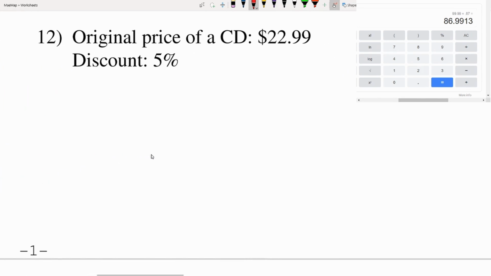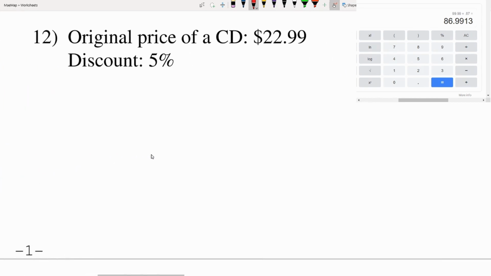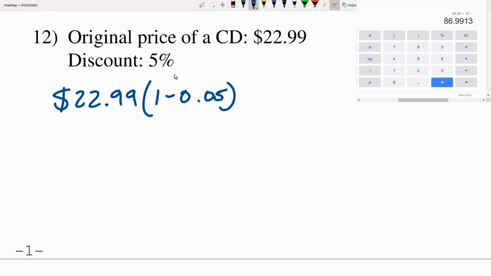Moving on to number 12, the cost of a CD is $22.99 with a 5% discount. $22.99 times 1 minus 0.05, because 5%, moving that decimal place twice, will give us a 0.05, and that's going to be $22.99 times 1 minus 5 hundredths is 95 hundredths, or 0.95.